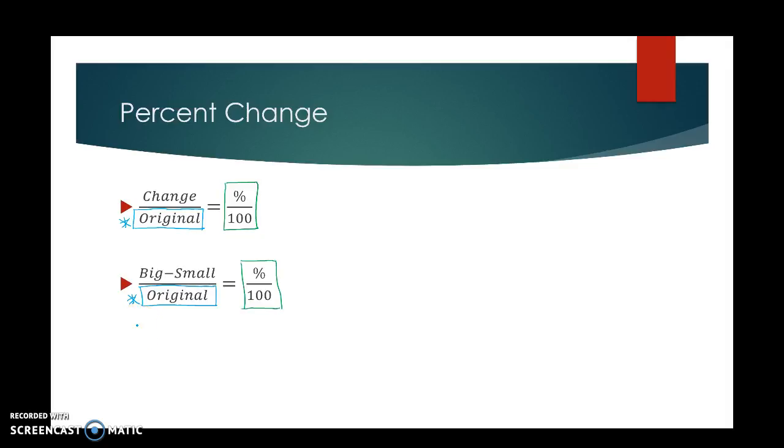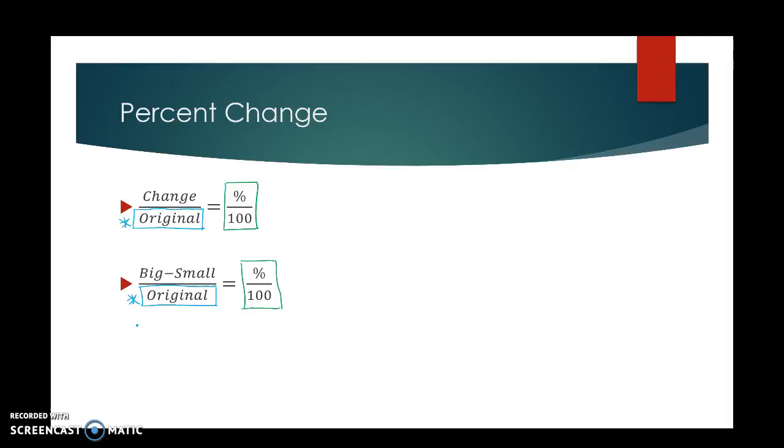We just want to make sure that we're setting our proportion up properly. And the second reason we're putting a star next to the original is because then you can tell if we're talking about an increase. Say, for example, you corrected your test and you were able to go from a 60 to a 70. That would be an increase and that would be a change. Or let's say you hit 10 home runs last season and this season you only hit 8 home runs.